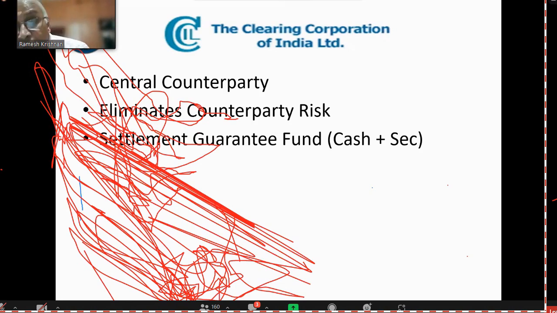And how do they operate or give you a guarantee of settlement? They guarantee the settlement, whether the trade is done by Punjab and Maharashtra Cooperative Bank, or a Development Credit Bank, or the Development Bank of Singapore, or SBI, the trade is guaranteed by CCIL.